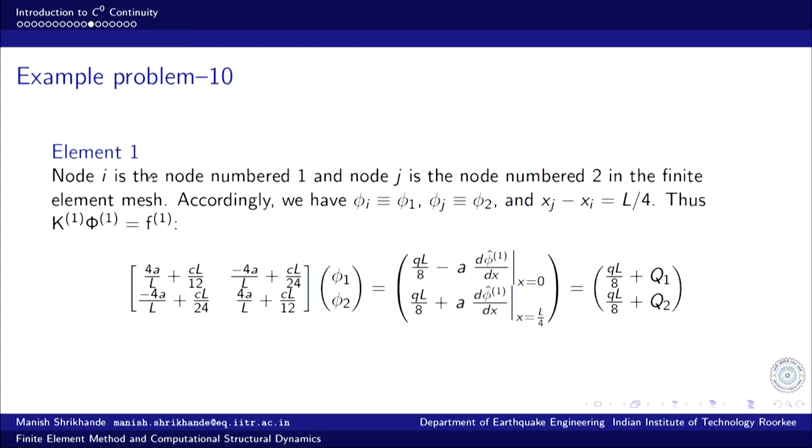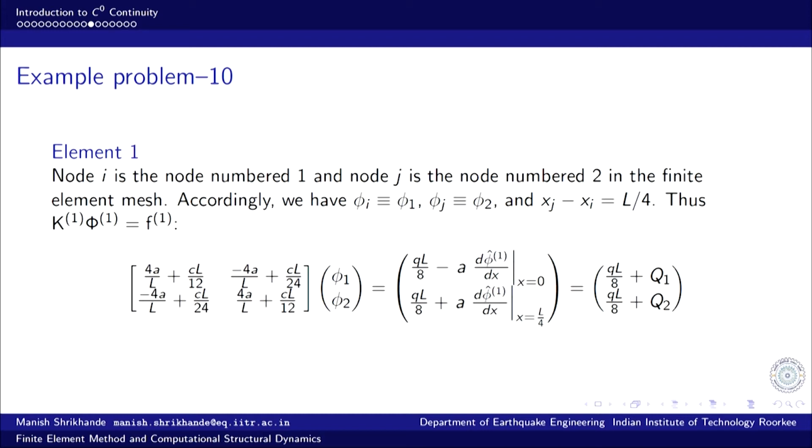Node i in element 1 is node number 1, the left hand side node. Node j is node number 2 in the finite element mesh that we used for discretization of this domain from 0 to L. Accordingly, phi_i is identical with phi_1, the primary variable corresponding to node 1 in the mesh, and phi_j for element number 1 is identical with the primary variable at node 2, the displacement at node 2.